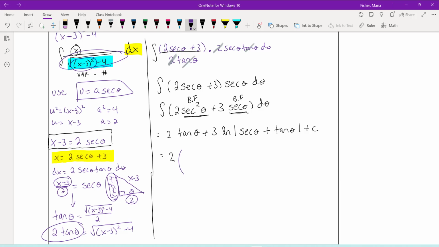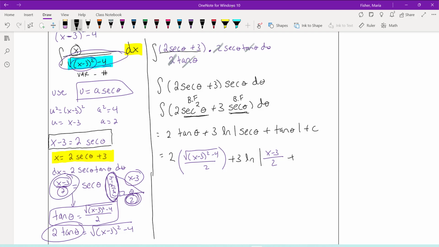Yes, going back to the triangle, we know it's opposite over adjacent, or we also found it right here. So we say that this is equal to the square root of x minus 3 squared minus 4 all over 2. And then plus 3 natural log of the absolute value. Well, what is the secant of theta? Well, again, going back to that triangle, it's going to be hypotenuse over adjacent, or we found it right here, and then plus tangent, which we just found, and that's that square root of x minus 3 quantity squared minus 4 all over 2, and then plus c.